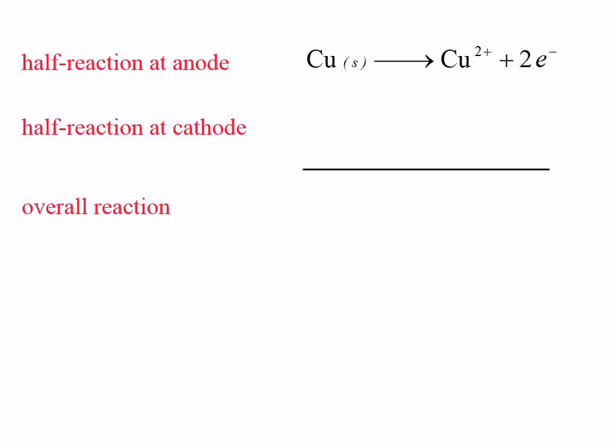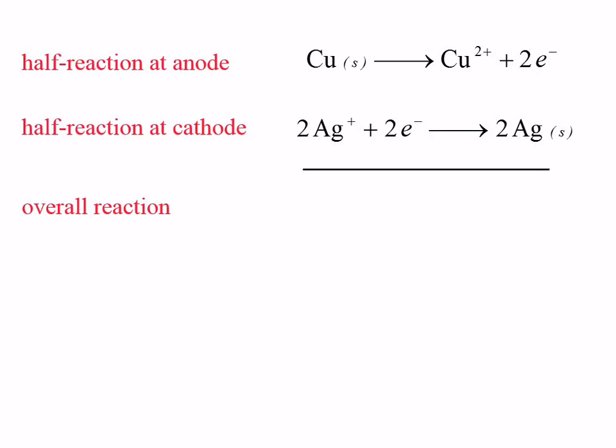So one of the things we need to be able to do with these electrochemical cells is to break them down into their two half reactions, like we were just doing. So 1 mole of copper will give up 2 moles of electrons, okay? Then if 2 moles of electrons are given up, 2 moles of electrons need to be consumed by the silver. So that's why we scaled up this other half reaction. 2 moles of the silver ion will require 2 moles of electrons to form 2 moles of silver solid at the 0 oxidation state.